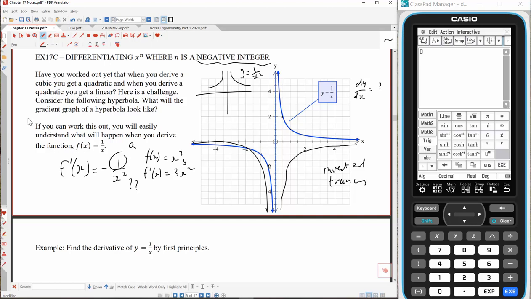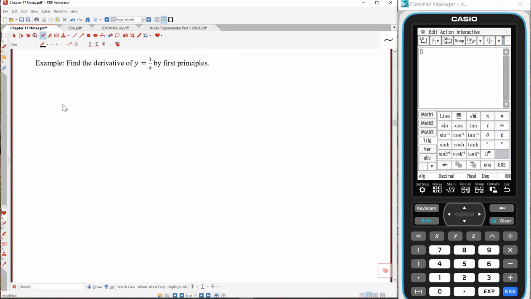That's what I expect. So what we're going to do is get the derivative of y equals 1 on x by first principles. So let's let f of x equal 1 on x, so we can operate on f of x.